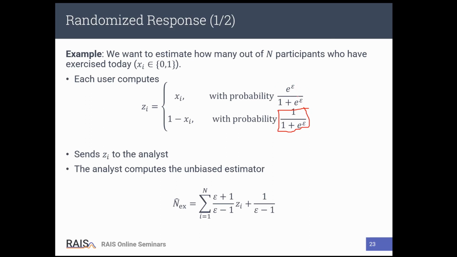So if you do the math, you will find out that using this mechanism will enforce epsilon differential privacy. And if you have enough users, you will be able to compute a good estimation of the number of participants who have exercised.